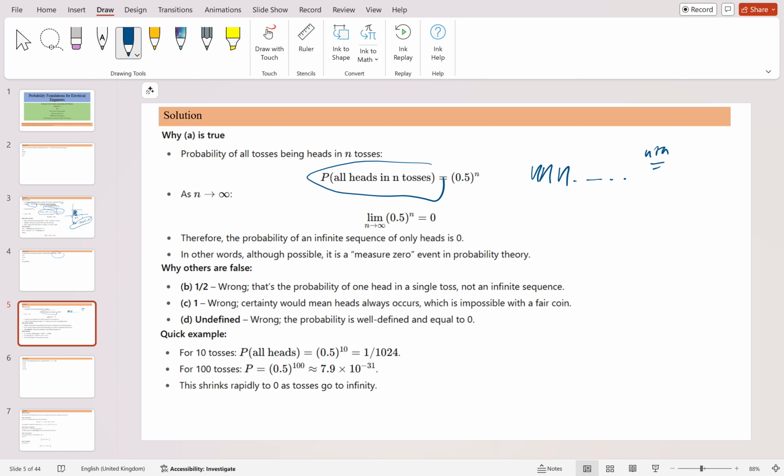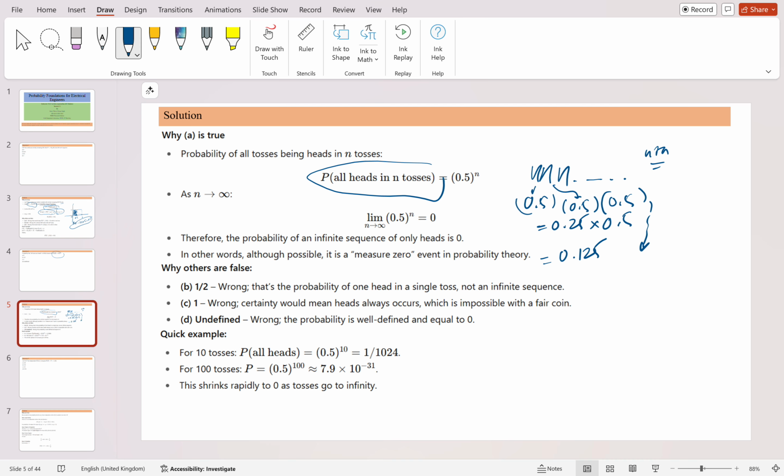So when you say n is going to infinity, the first is 0.5, the second is also 0.5. When you multiply, it becomes 0.25. Again you get 0.5, multiplied with 0.5, you will get 0.125. So it keeps on decreasing.